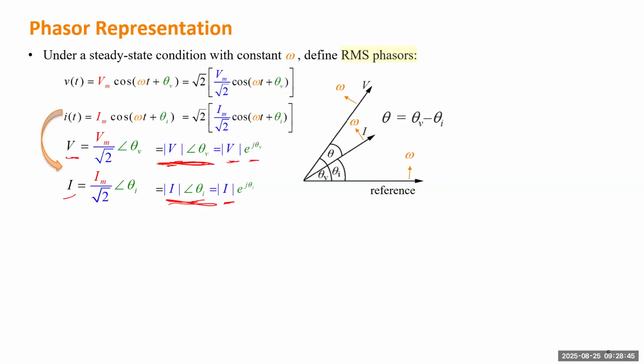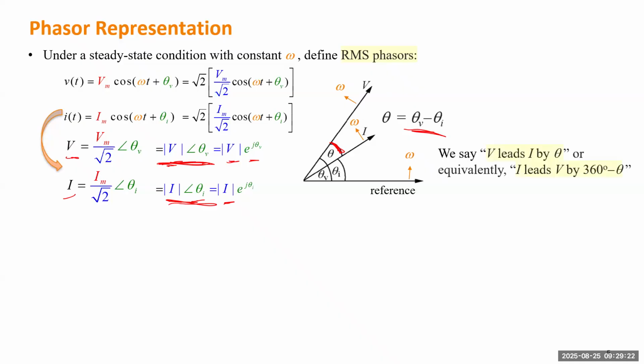The voltage relative to the reference is the angle theta V, and the current relative to the reference is theta I. If they maintain theta V and theta I constant, their difference has to be constant. So they will have a constant angle difference between the two phasors. We don't really worry about where the reference is, because when we calculate power we don't need to know it. Rather, this angle difference is the important information we want to know.